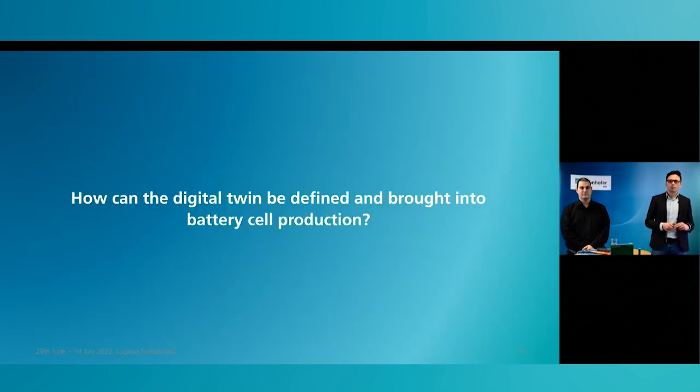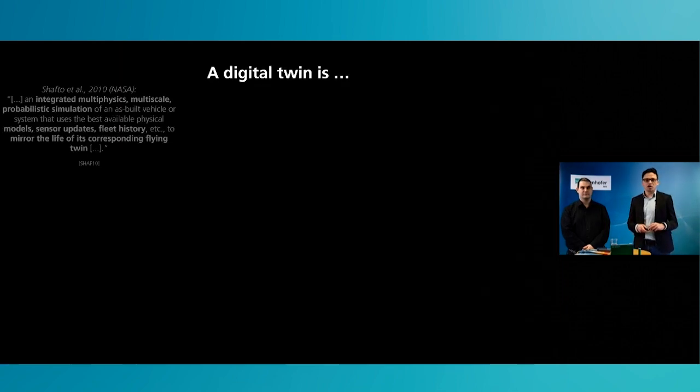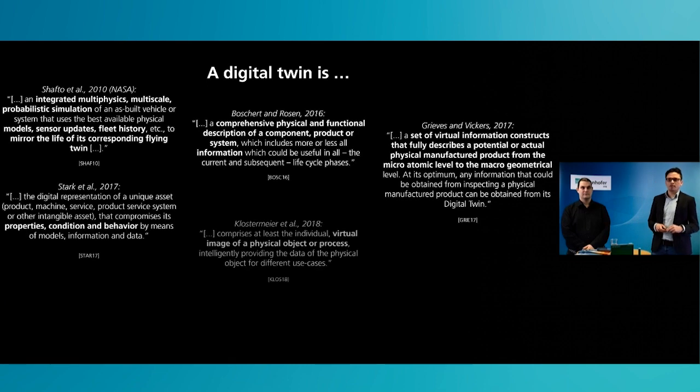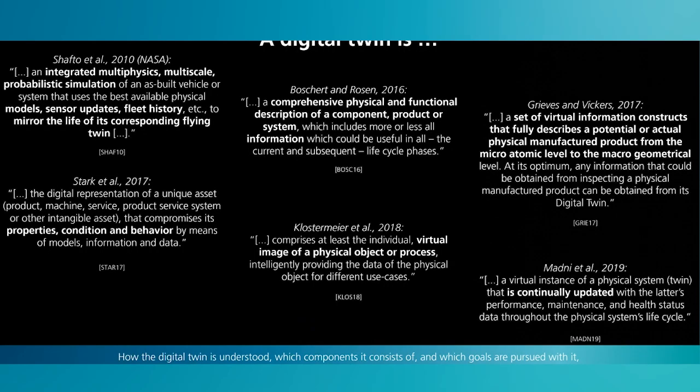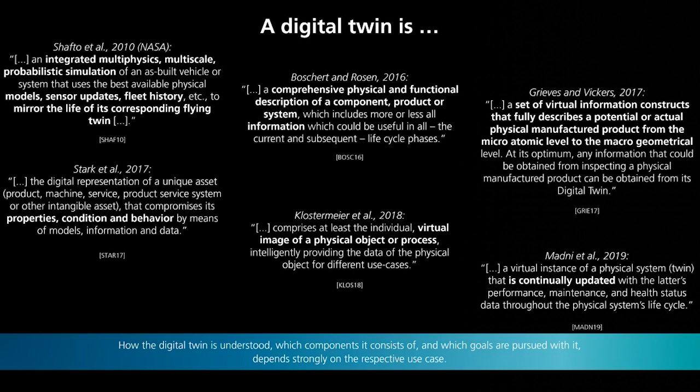So how can we define the digital twin, and how can we bring it into battery cell production? What we did already, say 2 years ago, together with some colleagues in Aachen, was that we analyzed every existing definition of digital twins out there, dozens of existing definitions, and what we were able to draw from it is that there are so many perspectives on twins.